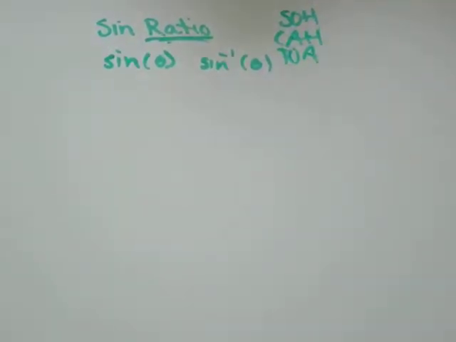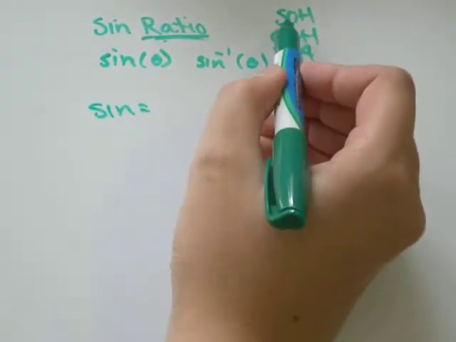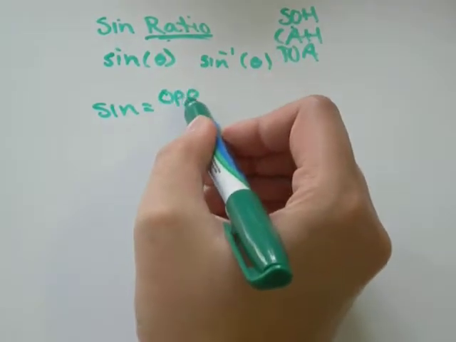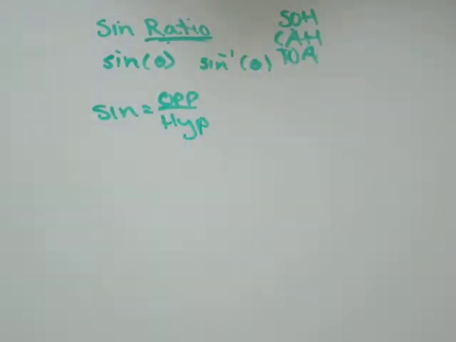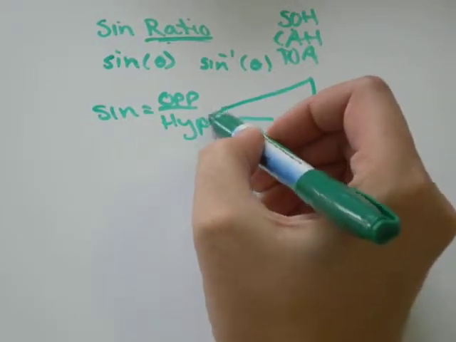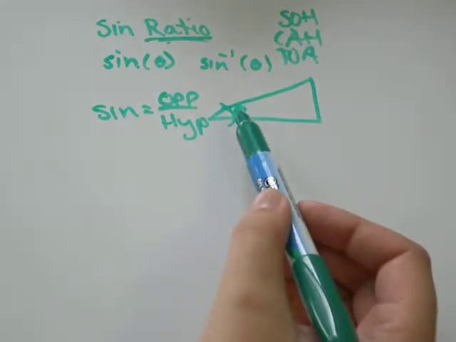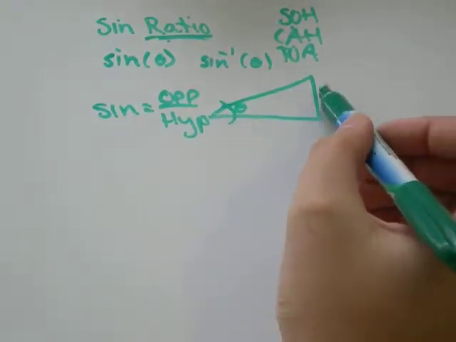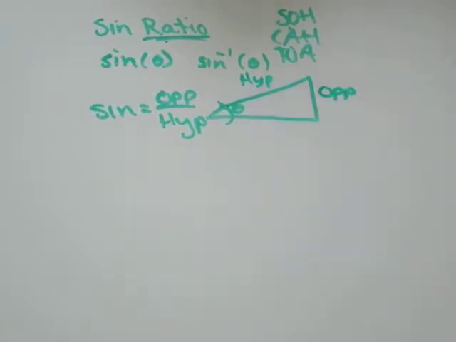So sine, if you remember our little rhyme, SOHCAHTOA, is defined as the opposite side divided by the hypotenuse. Let's say you have a triangle like that; it has to have a right angle in it. For any theta, the opposite side divided by the hypotenuse will be some decimal number, depending on what theta is.